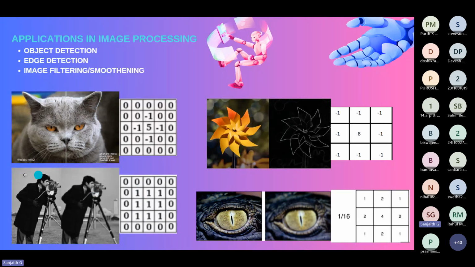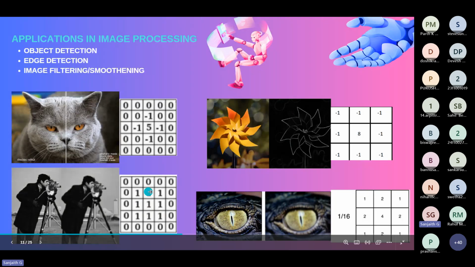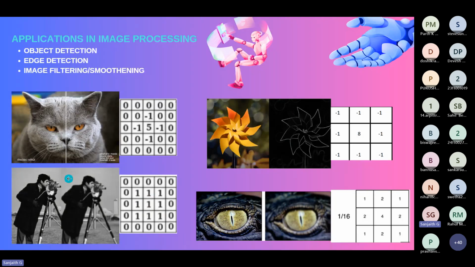In the sense that, just assume this part, we have 9 pixels. We should take the first 3 into 3 cell and do element-wise multiplication with it. With this element-wise multiplication, we get an output value which is a result of all the neighboring pixels.